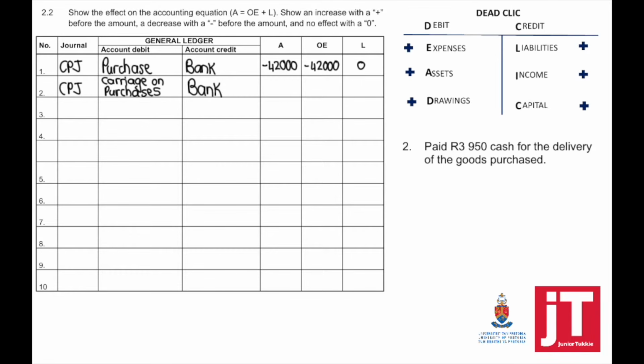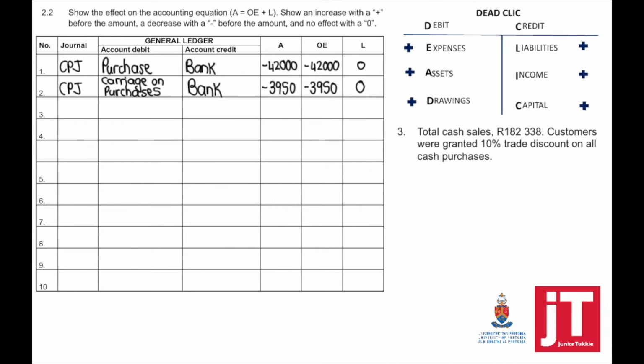Any additional cost in getting that trading stock will not be added to the trading stock account. We need to open an expense account for that, and that will be the carriage on purchases. Carriage on purchases is regarded as an expense, so if my expense increases, it will have a negative effect. A payment was made, so bank will be minus, assets minus.